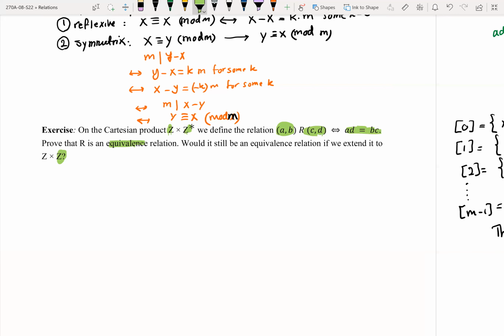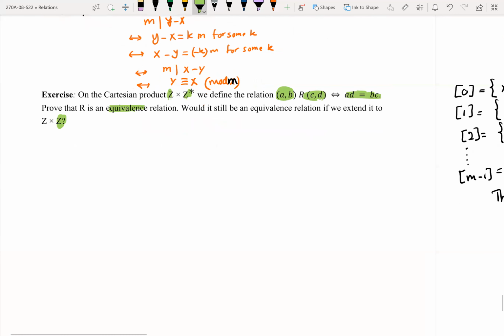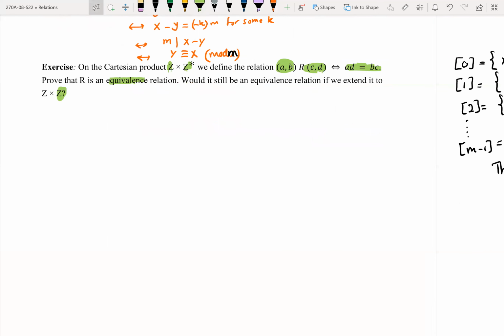This is a little bit more challenging. What should I say about reflexive? Reflexive means something is related to itself.